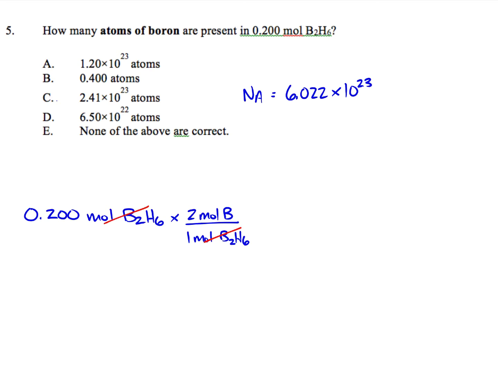Now we have the moles of boron, but we want the atoms. There's 6.022 times 10 to the 23rd anything in a mole. So if we want atoms in a mole, we'll just write atoms.